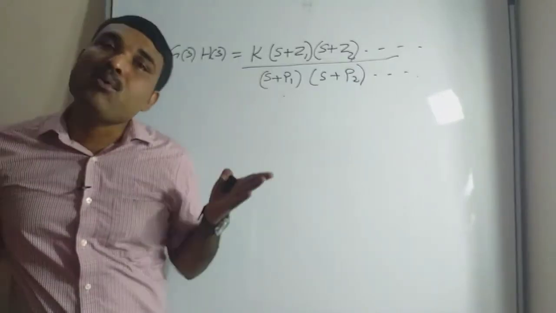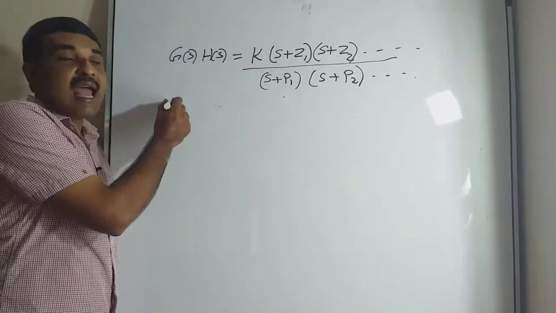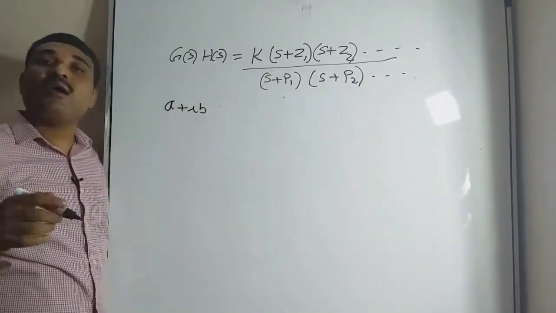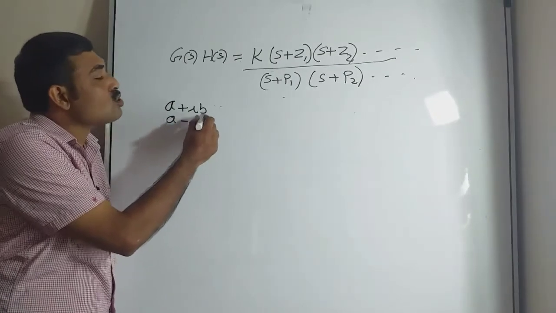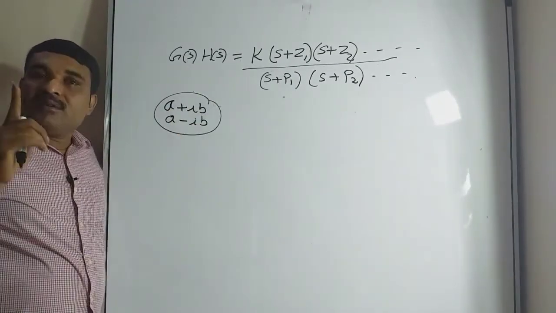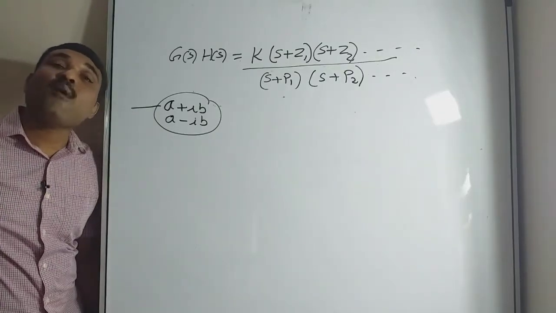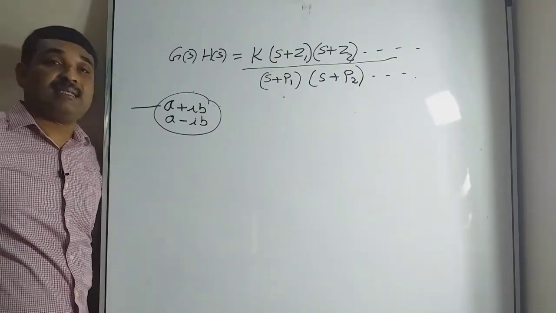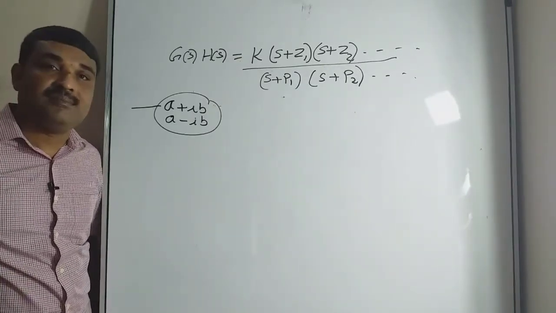The zeros and poles may be complex conjugate pairs. If a+ib is a pole or a zero, then a-ib will also be a pole or a zero, since a single complex pole does not exist; it always exists in pairs. Or zeros and poles may be real or may be lying at the origin.